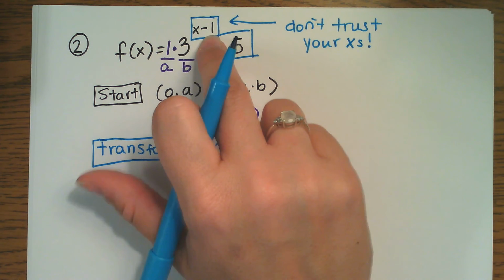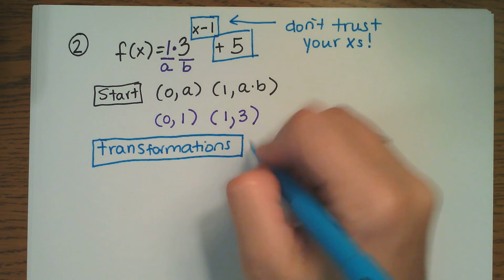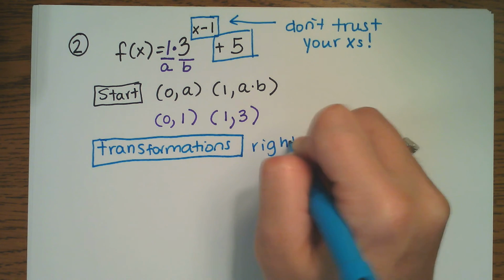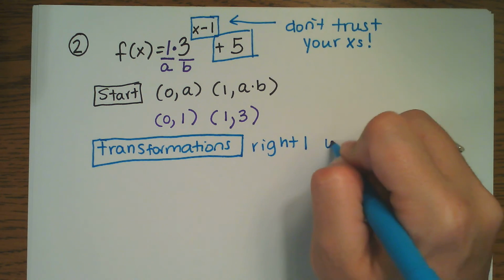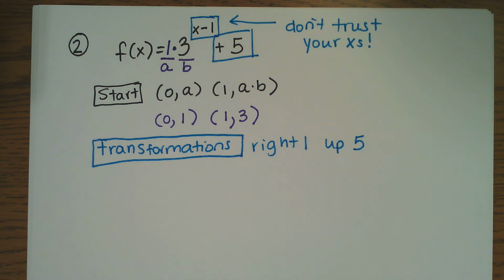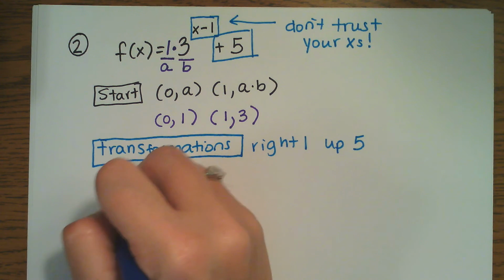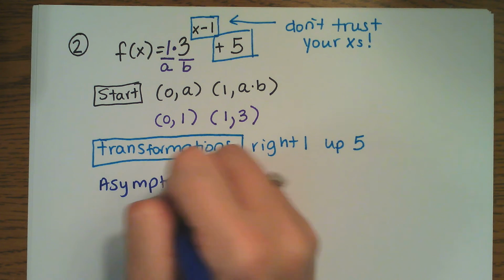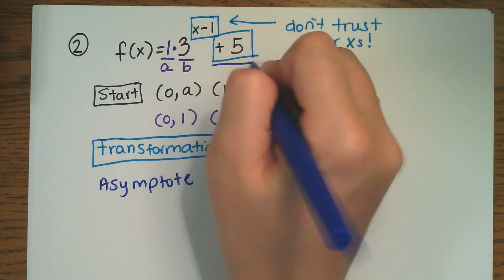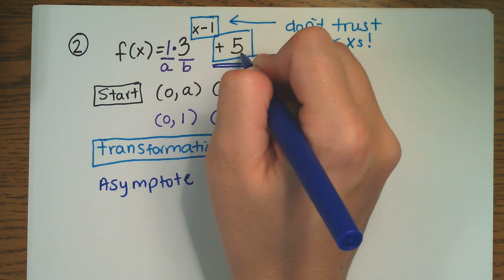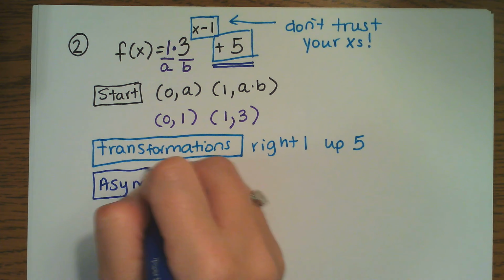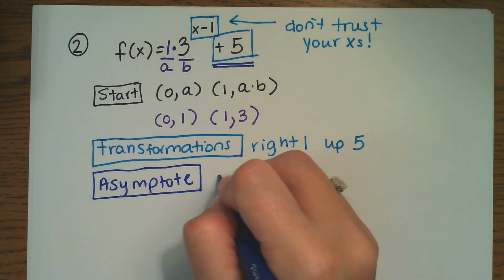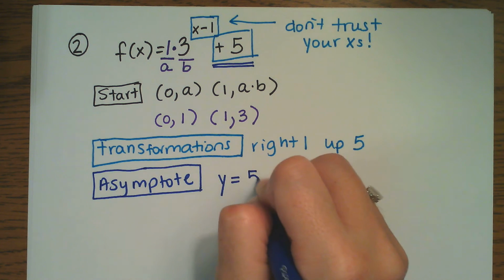We're actually going to shoot this to the right 1. This is going to shift it up 5. Your asymptote is always that back number, and if there's not a back number, it's going to be 0. You always have a horizontal asymptote for these functions.